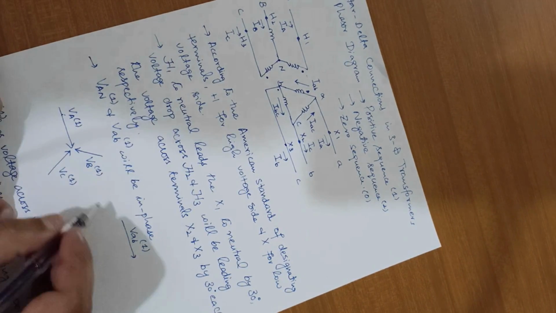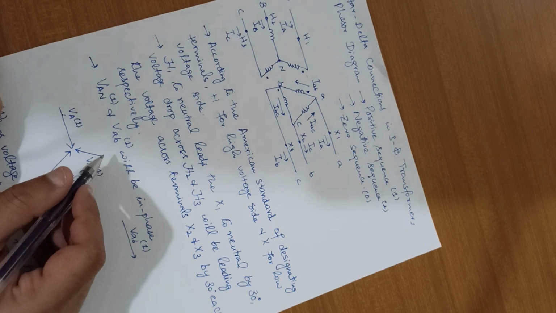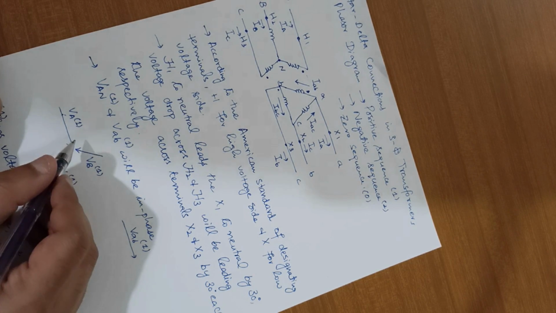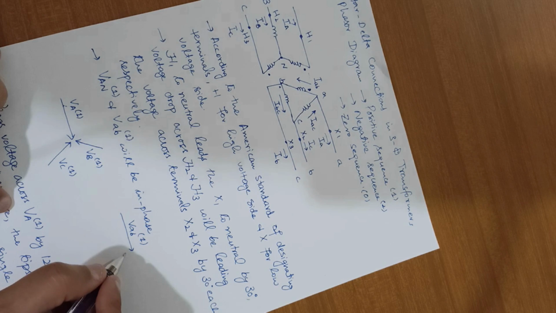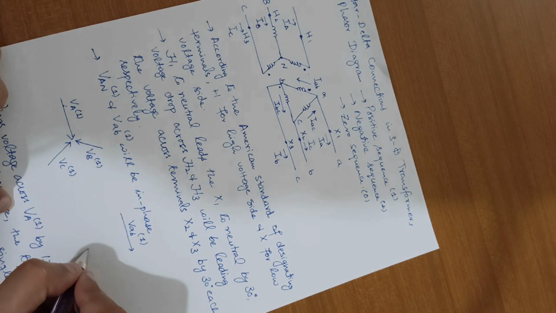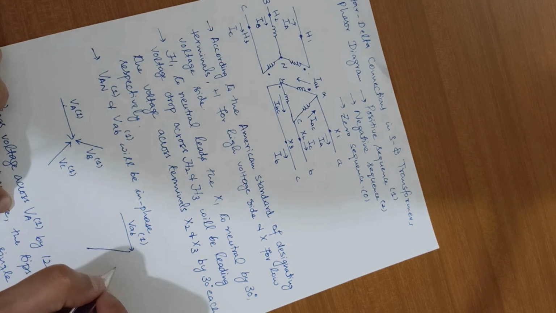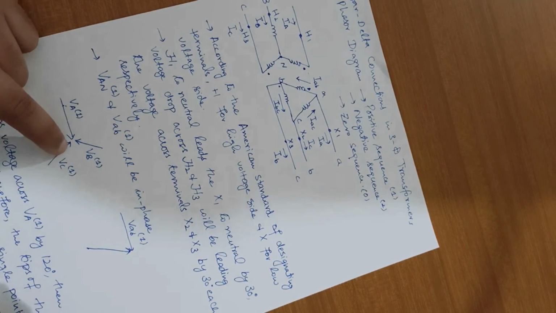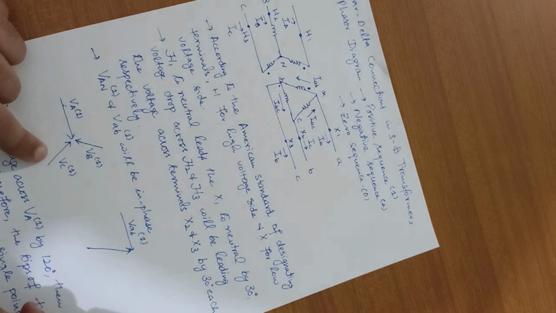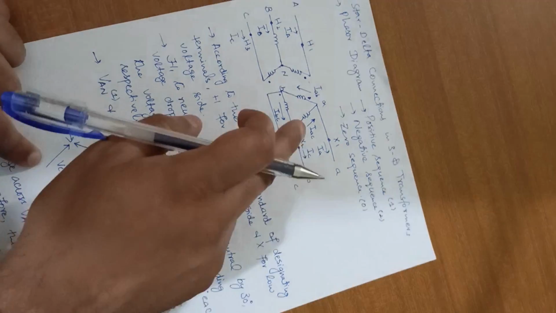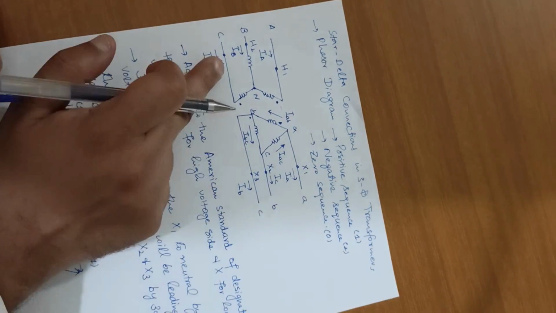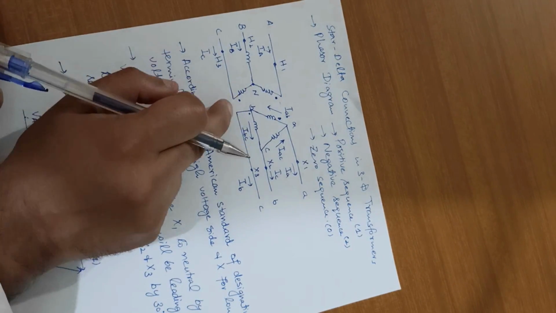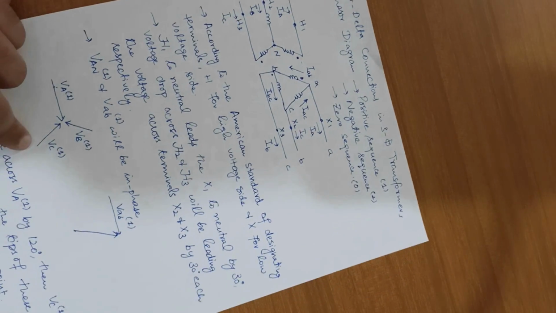We will draw it just like this: if we have this VB1 here, then VBC1 will be drawn just like this. The other one is VC1, and VC1 has the same direction as VCA. These two have the same direction.